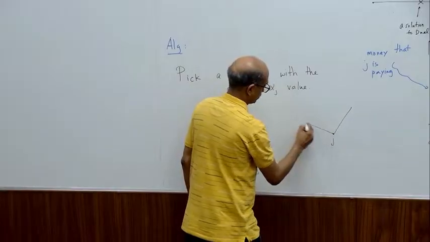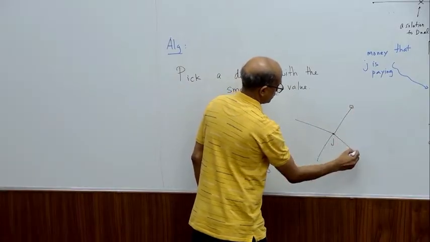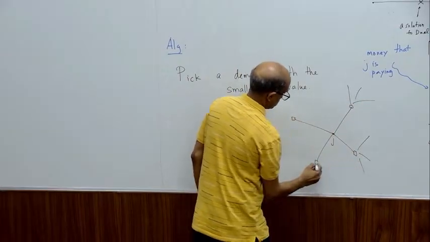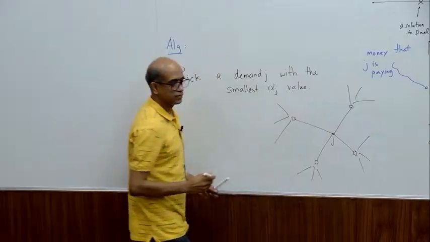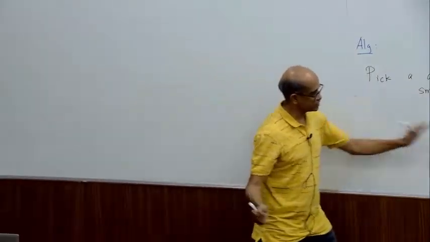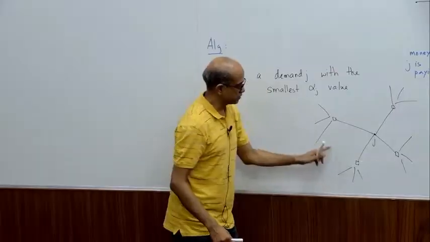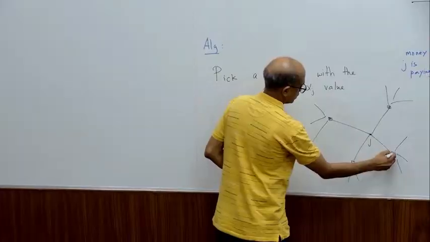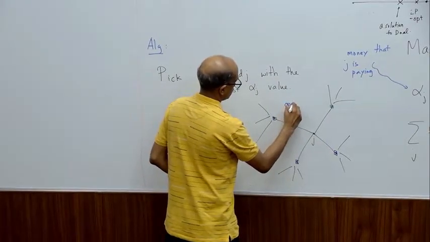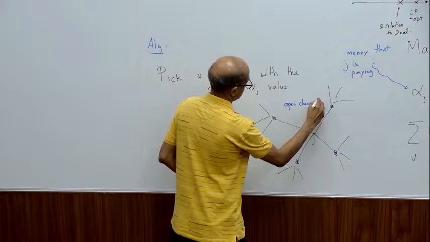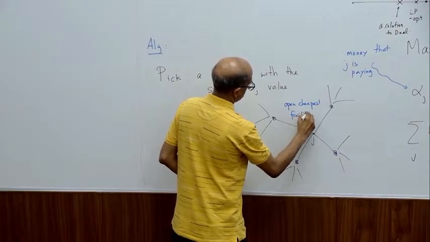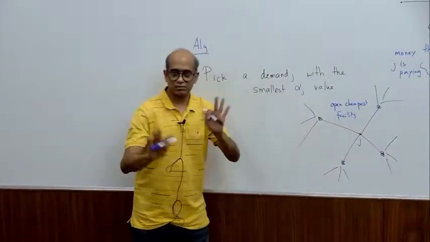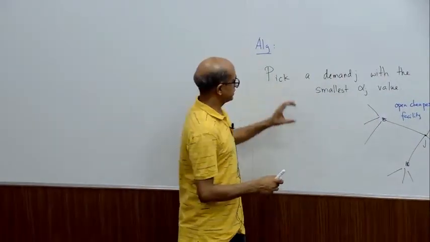And then do exactly what you are doing. So you open the cheapest facility here, and then everybody gets assigned to the cheapest, just like before. Repeat exactly the same. Only this changes.